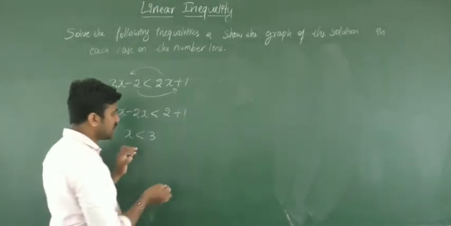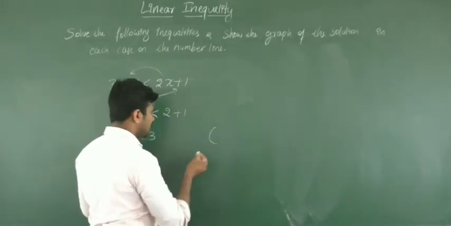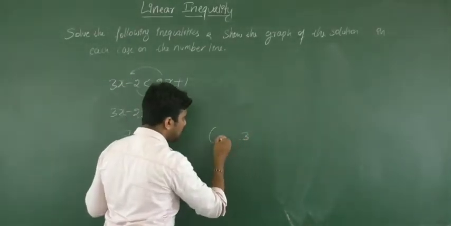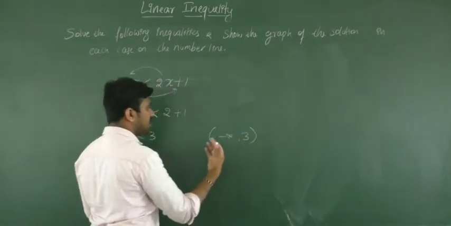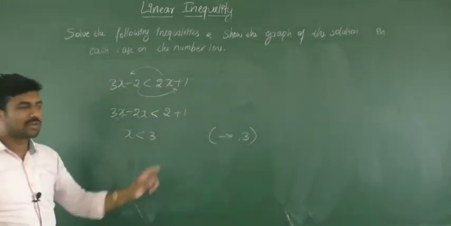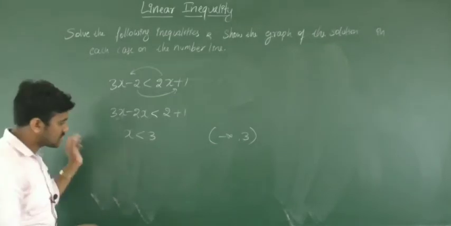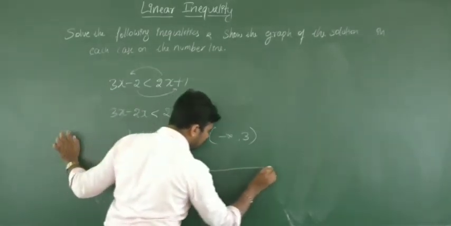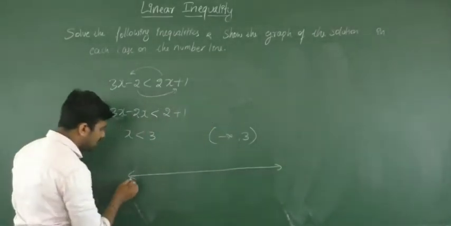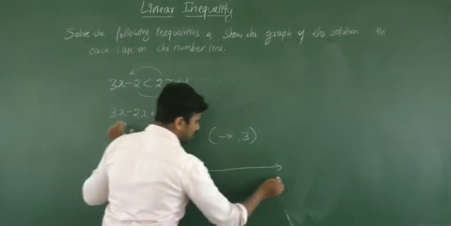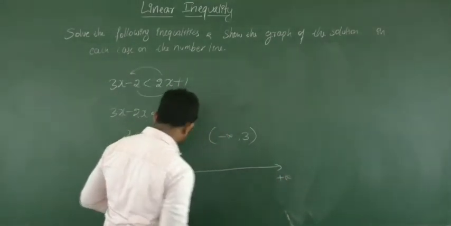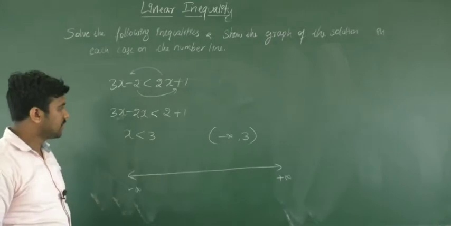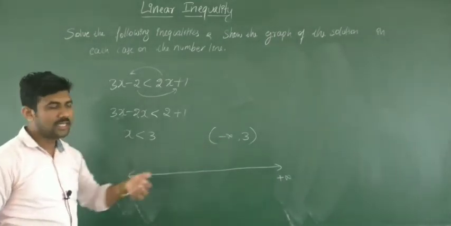So we can write the interval form, minus infinity to 3, excluding 3 here. Okay, so how to show the graph on the number line? First draw the number line, minus infinity to plus infinity. And now the point 3 is required here.